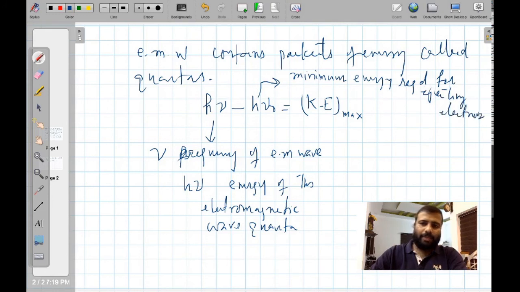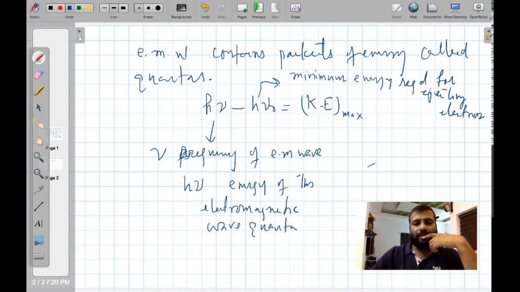When an electromagnetic radiation of frequency nu is incident on it, it will have an energy h nu. It utilizes an amount of energy h nu 0 for releasing the electron from the metal surface. Then whatever remains is taken as the kinetic energy of the electrons. There will be many photoelectrons ejected when radiations are irradiated on the metal surface, so this is the maximum possible value for the kinetic energy.